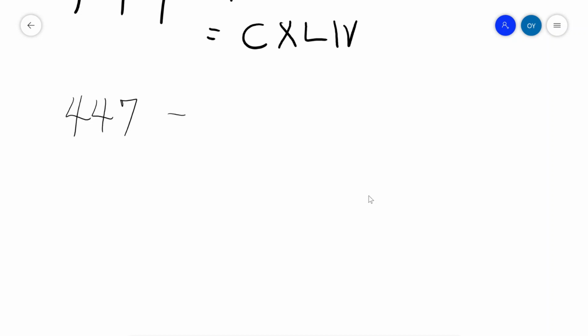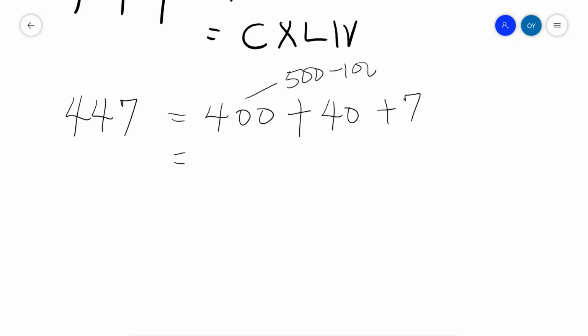447, that would give us 400. You write in expanded notation first. 400 plus 40 plus 7. 400 is 500 minus 100. So this is 500 minus 100, and this will give us CD.